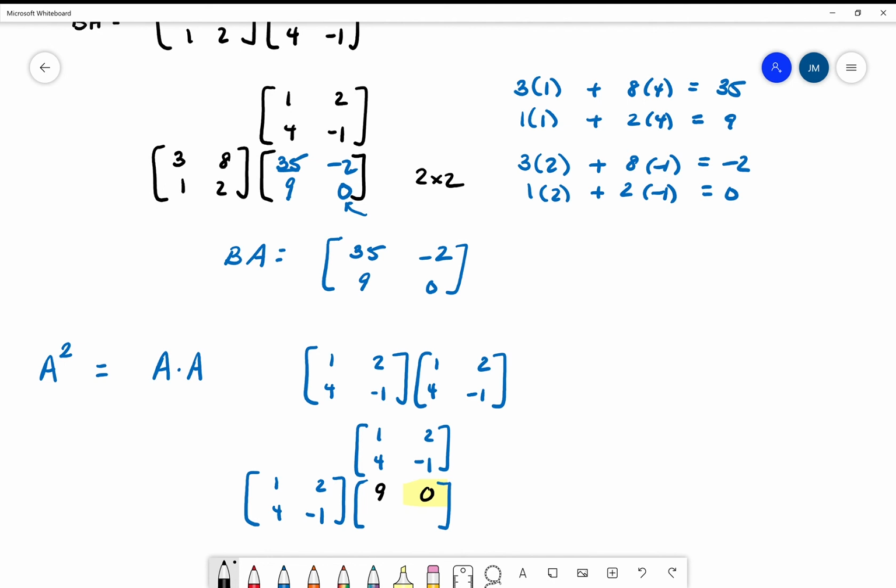And then to find the lower left-hand entry, we have 4 times 1 and negative 1 times 4, so it looks like 0. This is an interesting answer. Then the lower right-hand entry: we got 4 times 2 and negative 1 times negative 1. That looks like 9 as well. So very interesting result here.